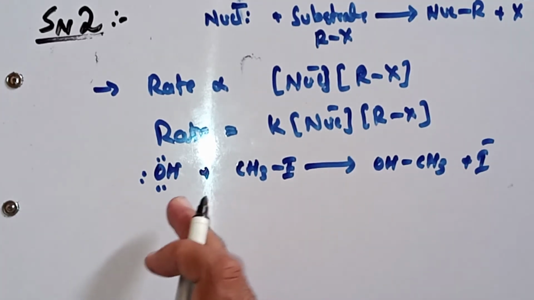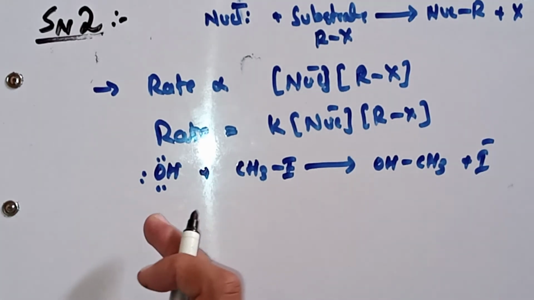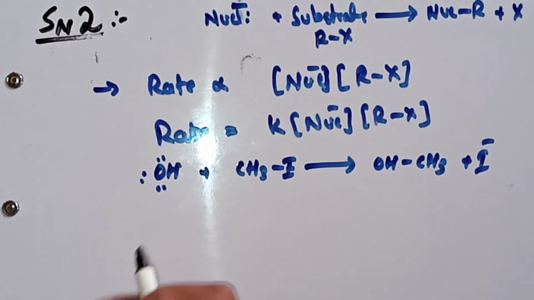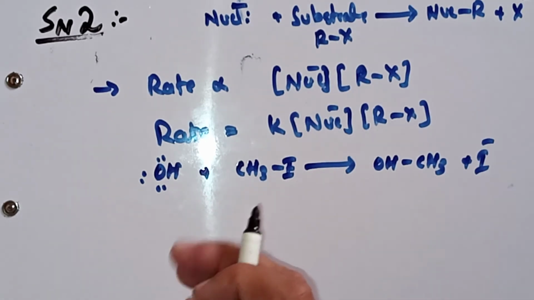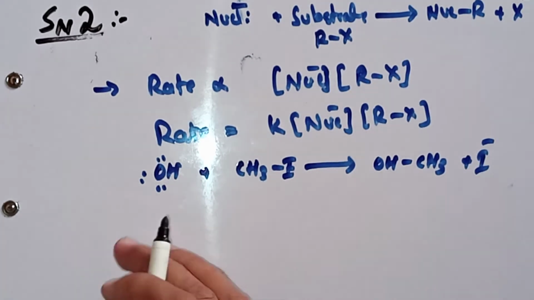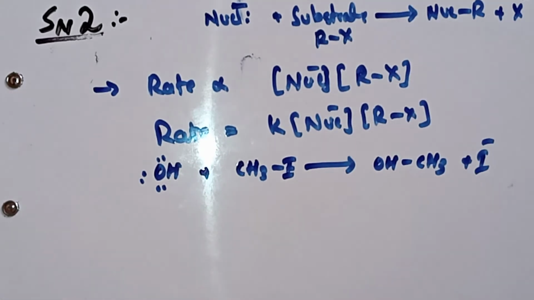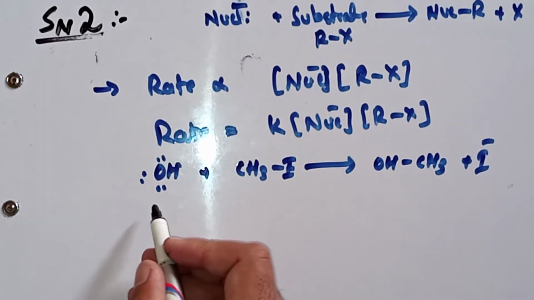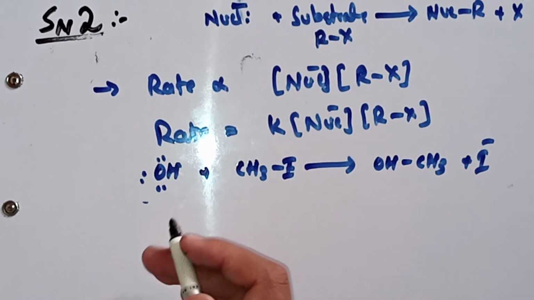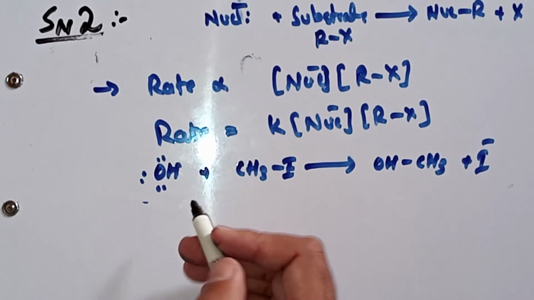Or you can say the decrease in the concentration of reactant per unit time is called rate.